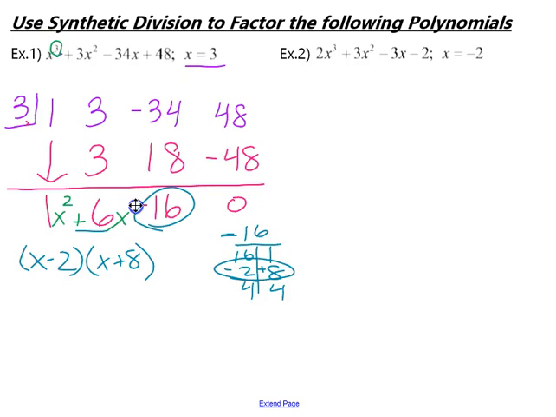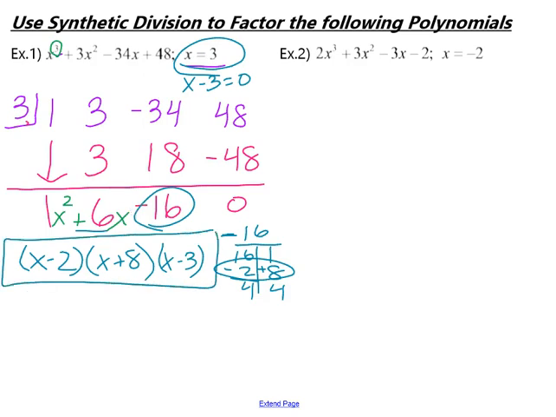To finish writing our final answer, all we need is that factor from the beginning. If x equals 3, that means we're going to have a factor of x minus 3 equal to 0. So that is the final factored form of our original problem.